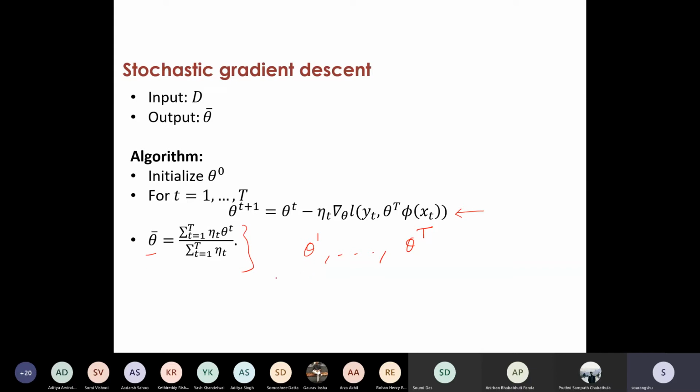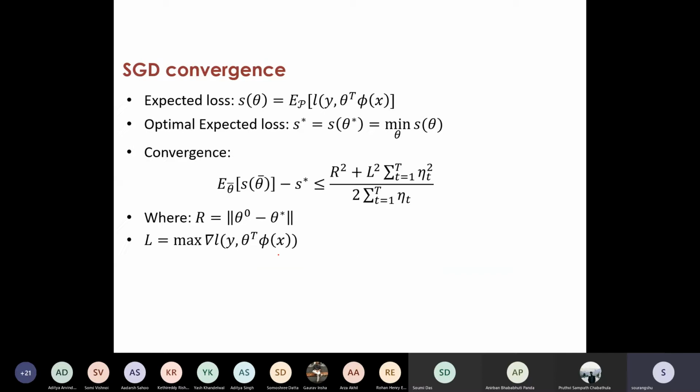If you remember, we discussed this upper bound. In today's class, we are going to discuss how to derive this upper bound.